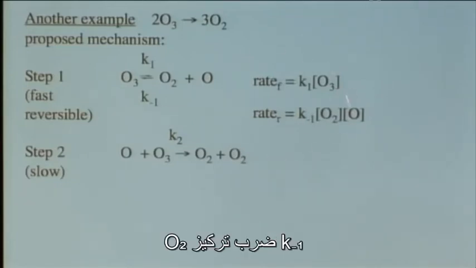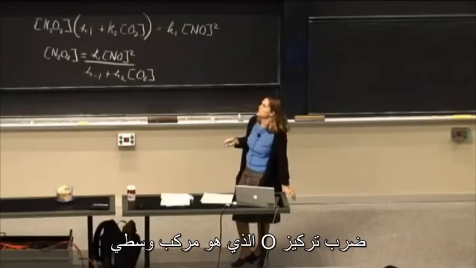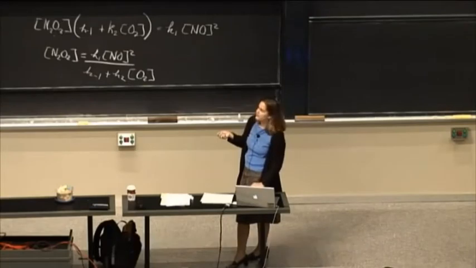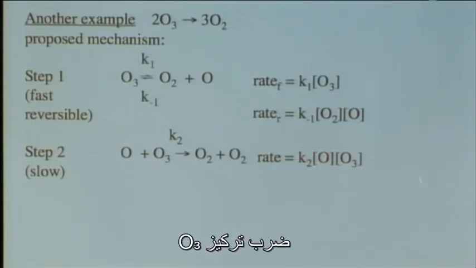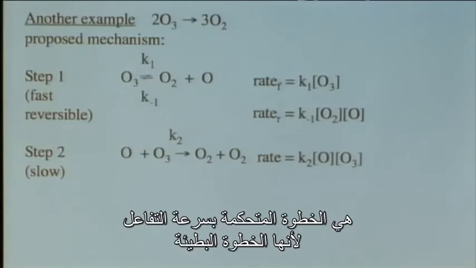K minus 1 times the concentration of O2 times the concentration of O, which is an intermediate. All right, so let's look at the second step here. So the rate here is going to be K2 times the concentration of this intermediate O times the concentration of O3.